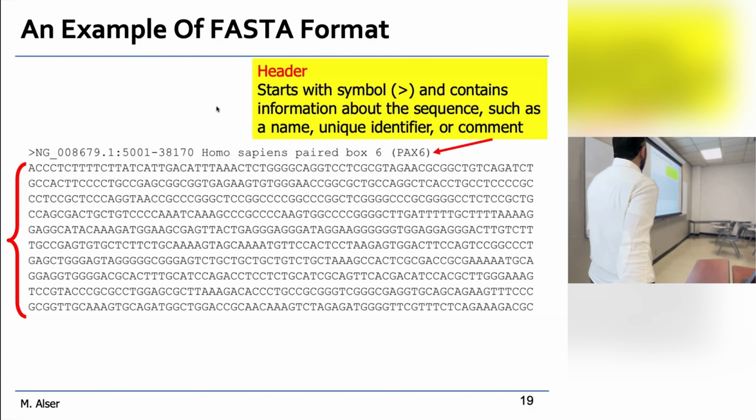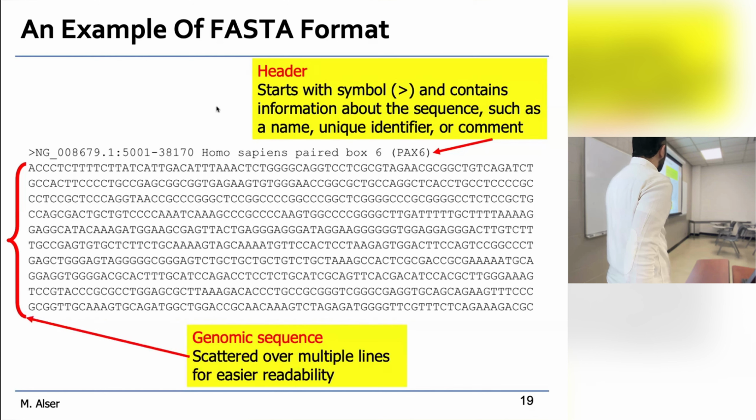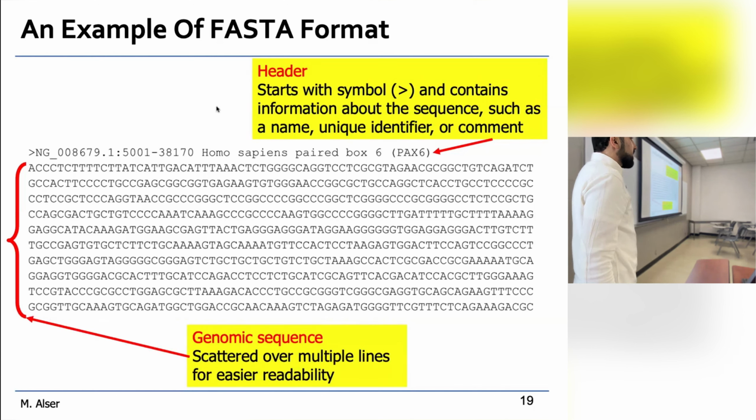All right. So that is the header. Again, we can identify it by the greater than sign. That is a must. You should have the greater than sign. And that's what we call the genomic sequence. Another question: if I ask you to count how many A's we have in the genomic sequence in chromosome 2, what should we do?